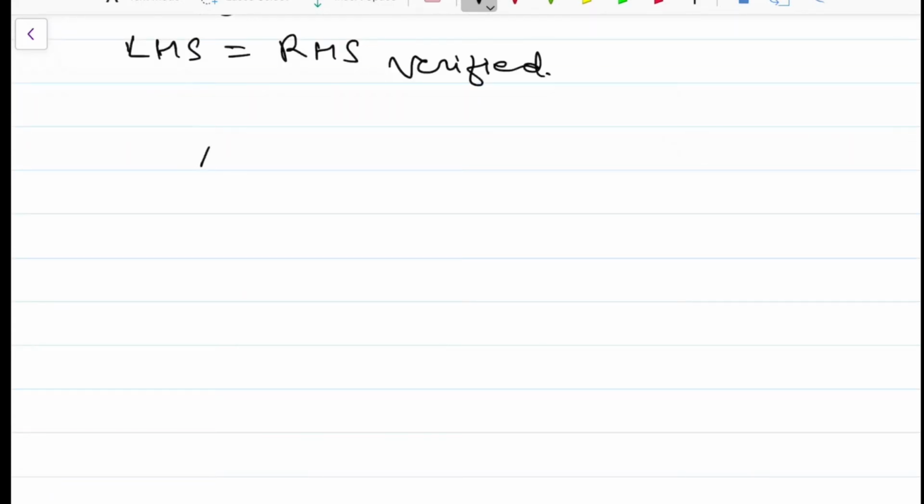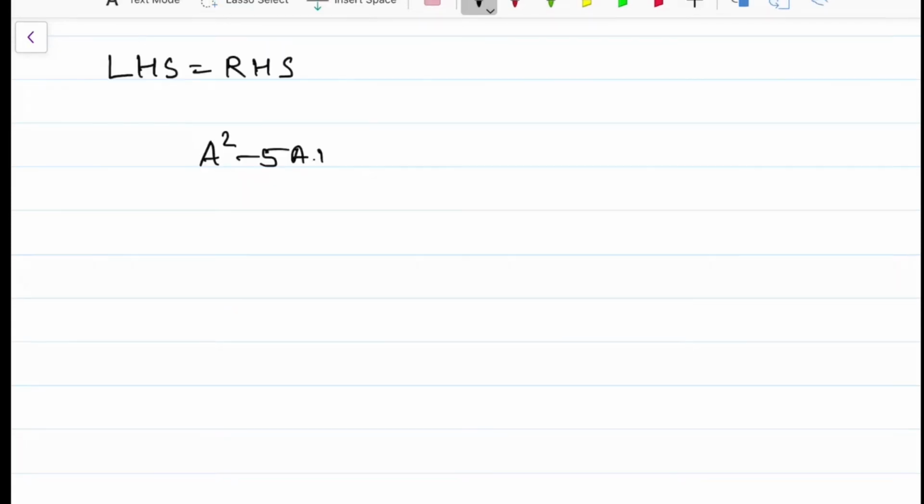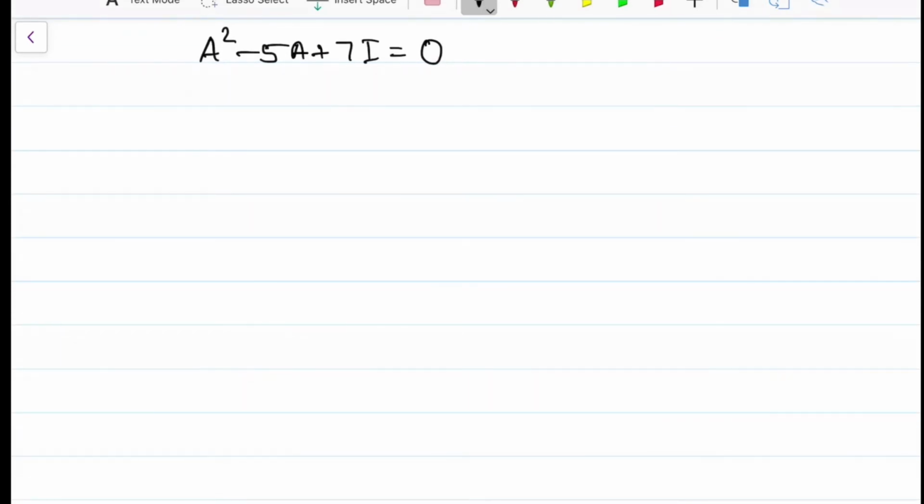Now using this result, we have to find A inverse. What was the result? A square minus 5A plus 7I is equal to the null matrix O. Multiplying both sides by A inverse from the right side, (A square minus 5A plus 7I) into A inverse equals O into A inverse.